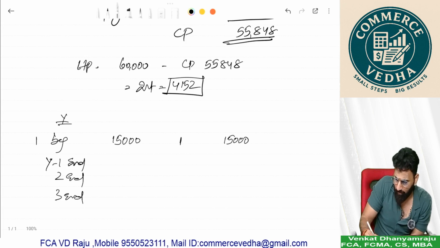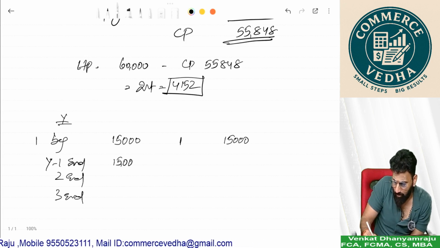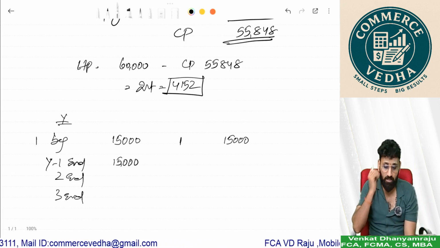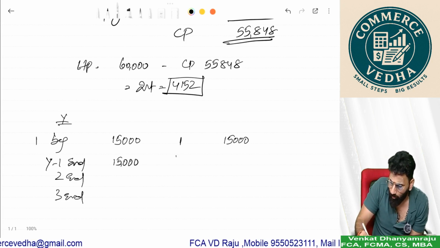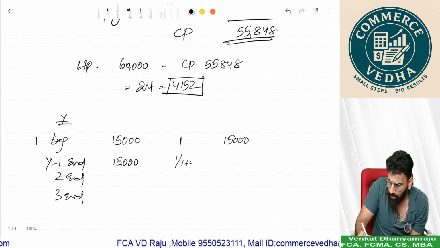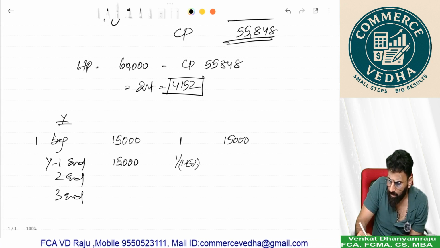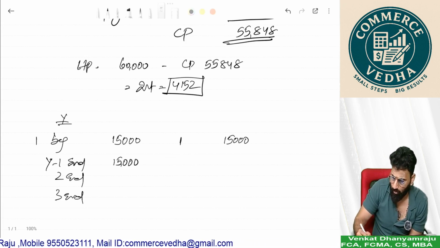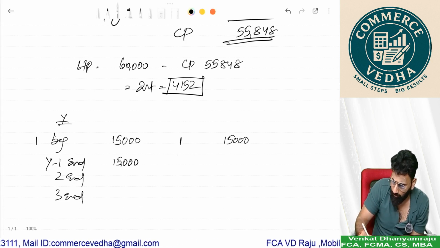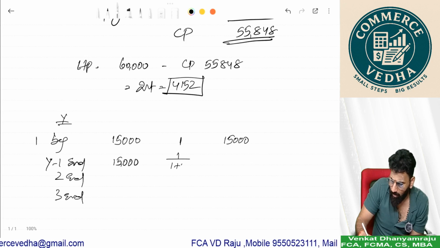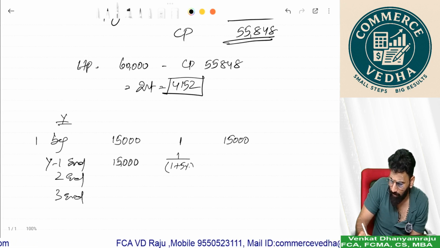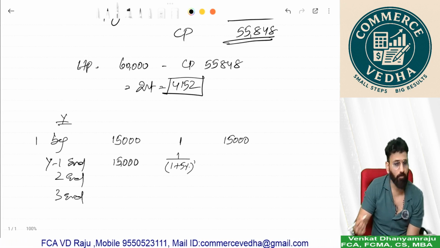At the end of the first year I paid another 15,000. I need to know the present value: 1 divided by 1 plus 5%, because 5% is the rate of interest, to the power of 1.